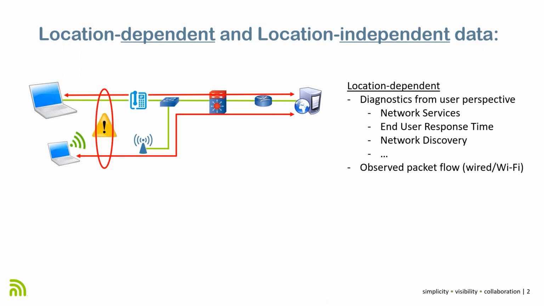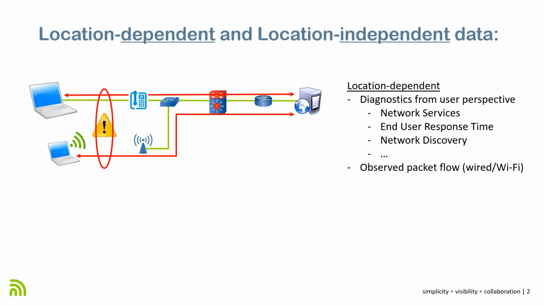Location-dependent information, again, is diagnostics from the user's perspective. That's testing network services and user response time and discovering the network from the point of view of the user. It's absolutely essential to have a centralized monitoring service like TotalView from PathSolutions, but that's taking a perspective from that central location, and that's what gives you your long-term monitoring of those statistics.